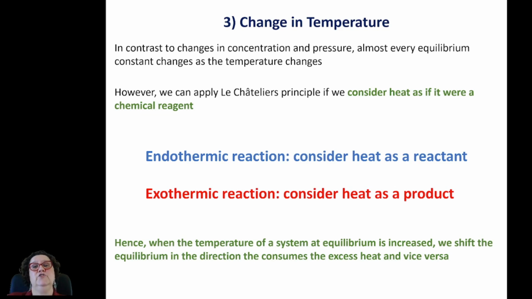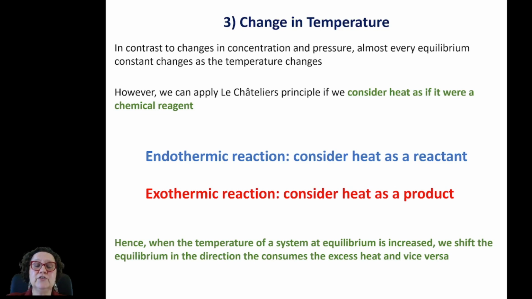Another thing you can change is the temperature. You can either increase the temperature or decrease the temperature. To apply Le Chatelier's principle when you are playing with the temperature, you think of heat as another chemical.